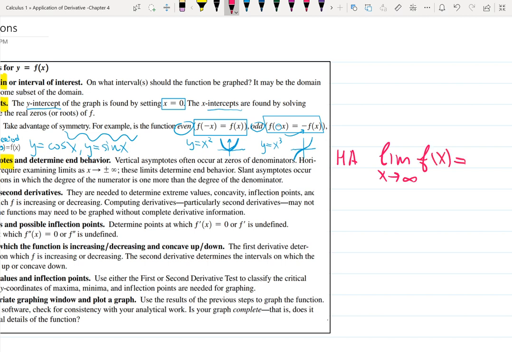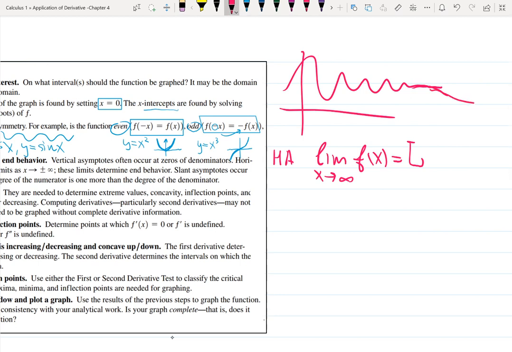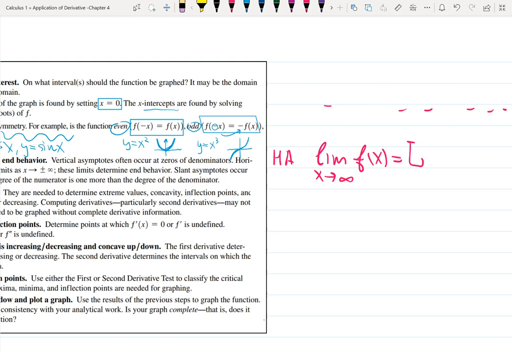If the answer is a number, let's call it L, then you found a horizontal asymptote, because it means the function at infinity is stuck at some number. Then this number can be called a horizontal asymptote. A function can cross a horizontal asymptote as many times as it wants, but at the end it approaches it slowly and never reaches it.